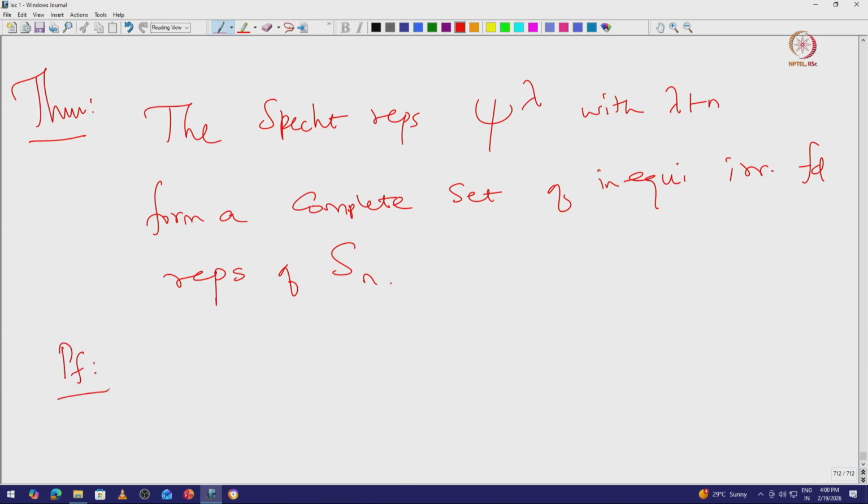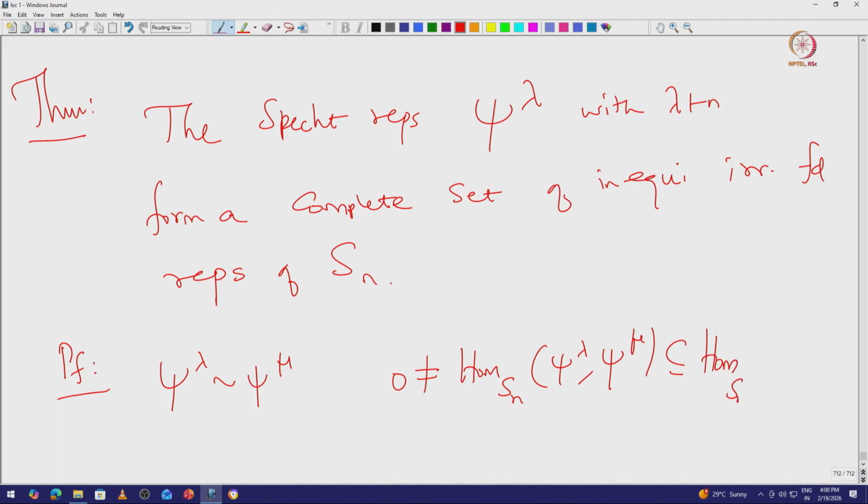All that remains is to show that ξ^λ isomorphic to ξ^μ implies λ equal to μ. So, here is the proof. Assume that ξ^λ is isomorphic to ξ^μ. Then that would imply that the Hom space Hom_Sn(ξ^λ, ξ^μ) is indeed non-zero. Now, this Hom space is obviously embedded inside Hom_Sn(ξ^λ, φ^μ).